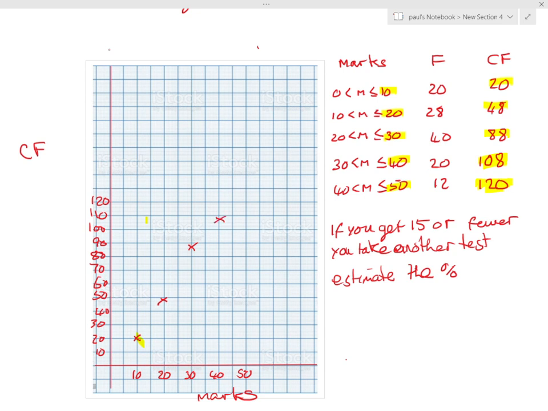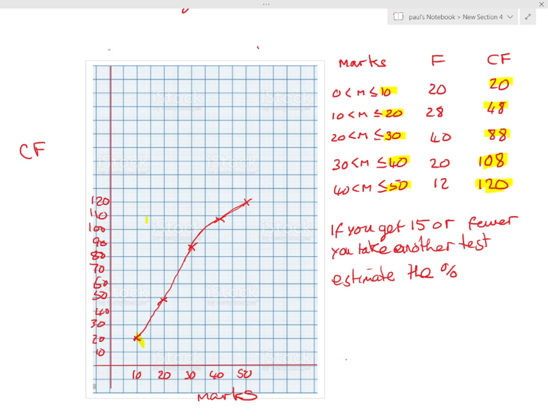Makes a nice change during the exam if you get a question like this, instead of endless algebra and geometry and things. 50 marks gives 120. So again, do your best shot. Try and join these up together.